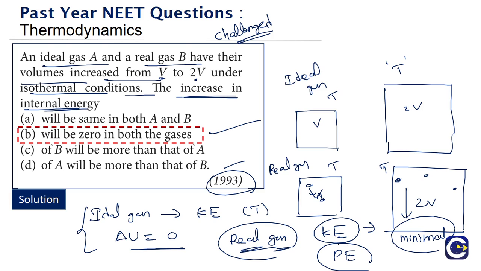But real gas means there is going to be the potential energy part which would get changed. Why? Because it depends upon the relative distance between the particles. The interactions between the particles will depend upon the relative distance between the particles. Okay, so that is the reason why this question can be challenged based on whatever the answer that is given.